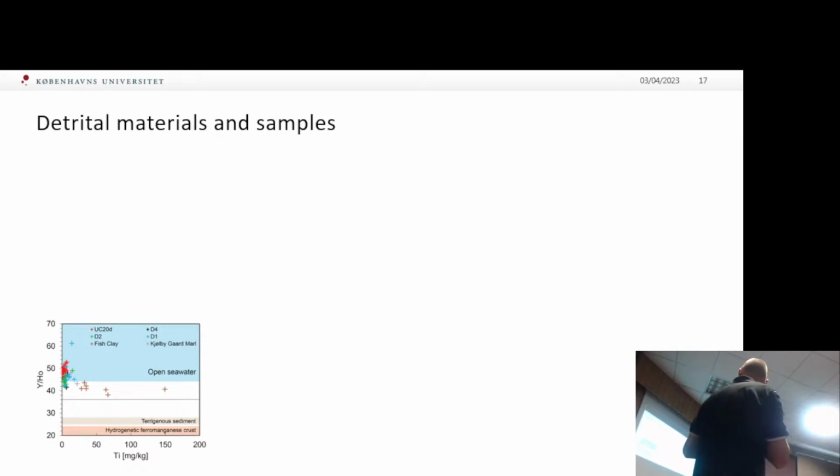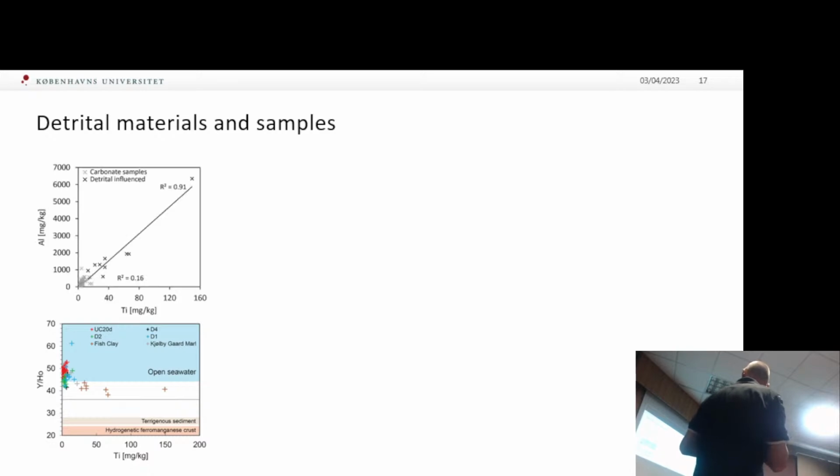The detrital materials and samples, as you can see, this is a plot between titanium and aluminum, and the black ones, which is all of these, are the detrital influenced samples, and the gray ones are the carbonate samples.